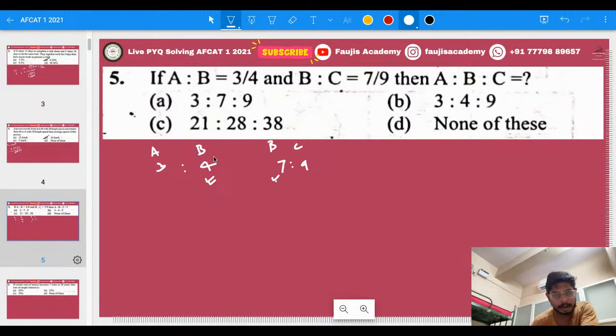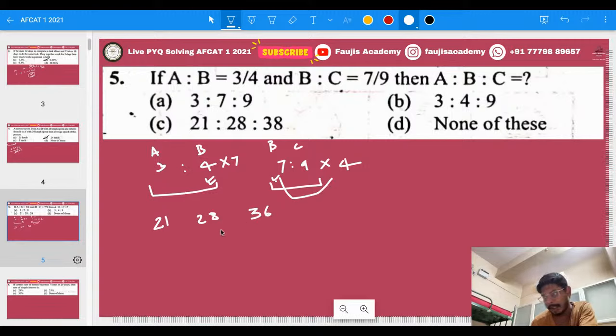So in order to equate the values of B, we have to multiply the whole with 7, and we have to multiply the whole of it with 4, right? So it will become 21. This one will become 28, and 7 into 4 is 28 already, and C will become 36, right? Since we don't have such an answer over here, we will take D as the answer.